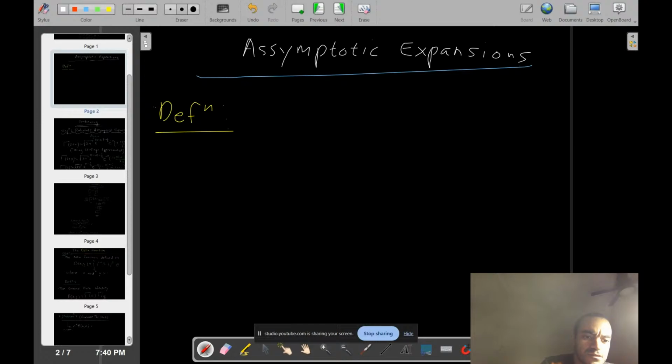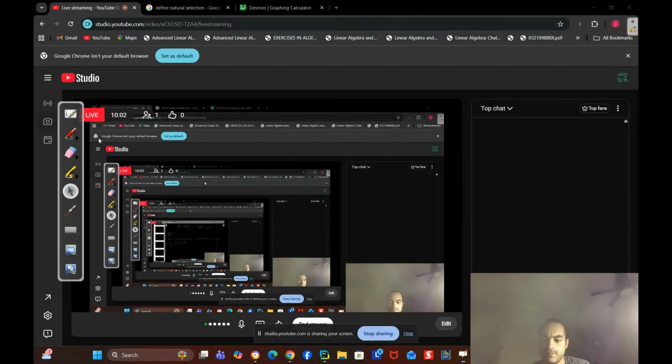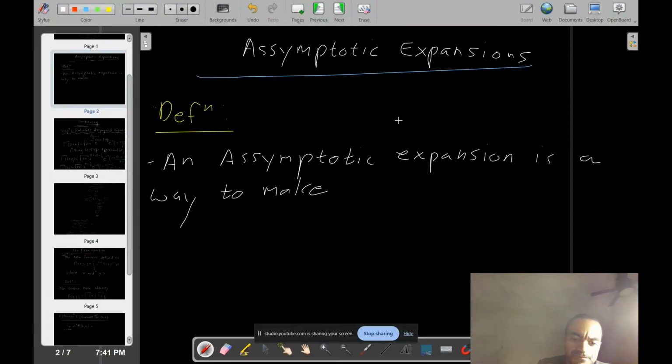Okay, so definition: an asymptotic expansion is a way to make interesting approximations.